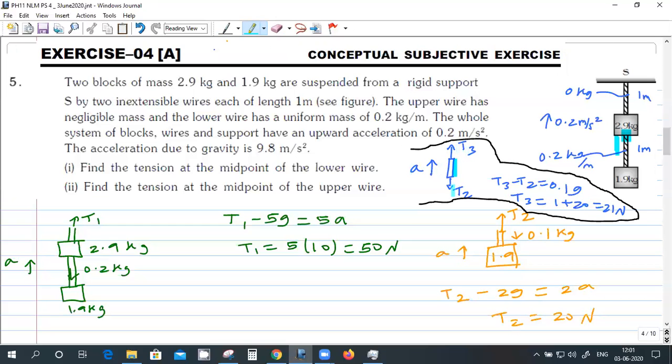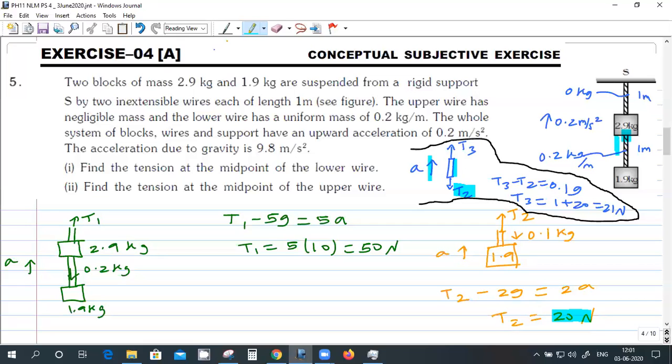Bottom it's pulling T2, and that you have found out as 20 Newton, right? And the whole thing is moving up with an acceleration a. The mass of this thing is 0.2 kg per meter, and the whole thing is 1 meter. The whole mass is 0.2 kg. So the half of the mass is 0.1 kg.